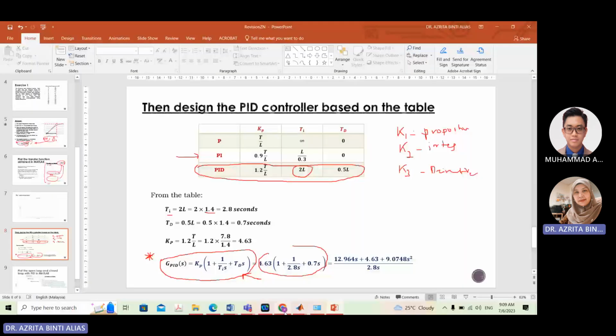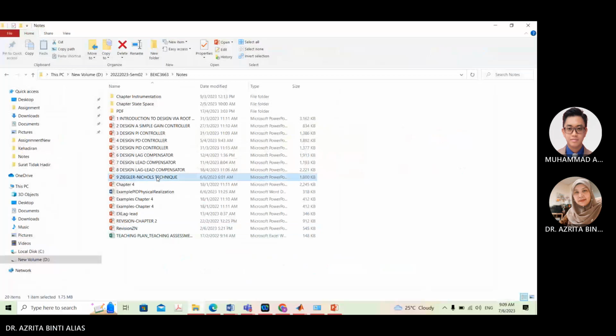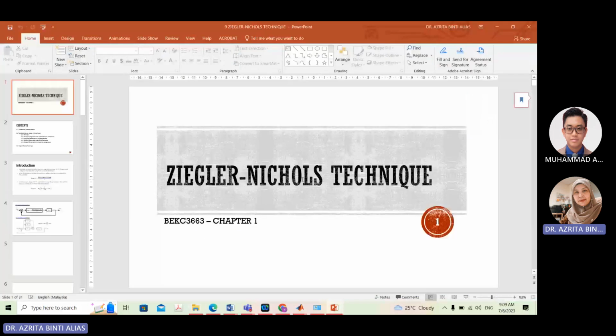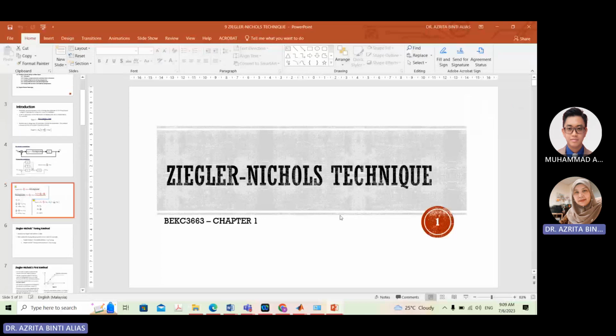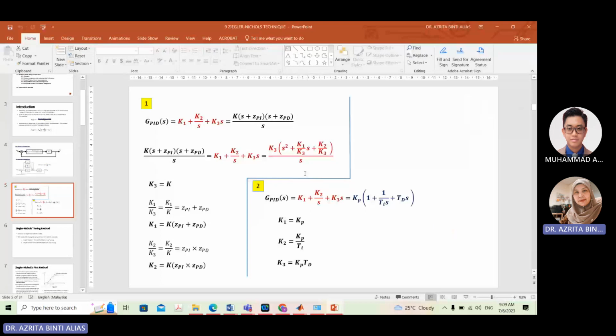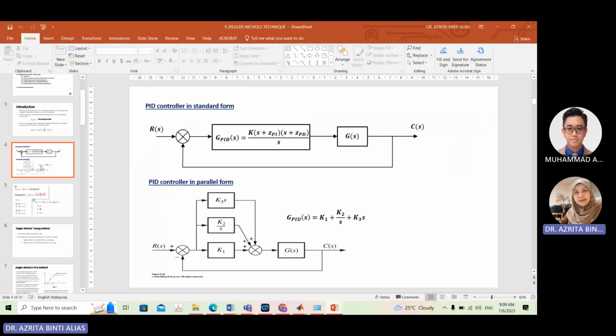Actually all these relationships I already gave you in the Ziegler Nichols notes. You can look at the notes again in week 5. We already obtained the relationship between the Ziegler Nichols and the PID controller in parallel form.